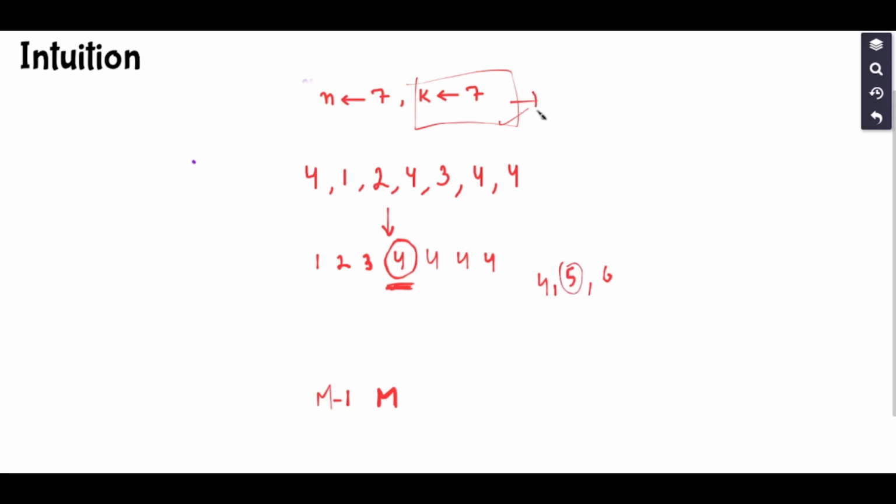Let's say the number of operations we are allowed to perform is 8. In that case, I will increment these last 4 integers twice, giving the array 1 2 3 5 6 6 6 6. Now the median is 6. I consumed all 8 operations, performing 2 operations over each of the last 4 integers.